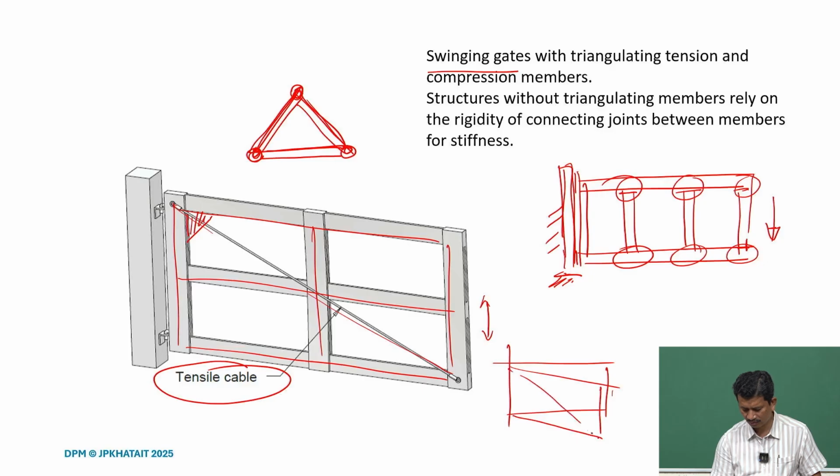So, if you have this tensile member, it has to extend, right. So, if you just lock it, this will not happen. So, by putting a diagonal, connecting those diagonals, and if we do the free body diagram, we realize that there will be only tension.